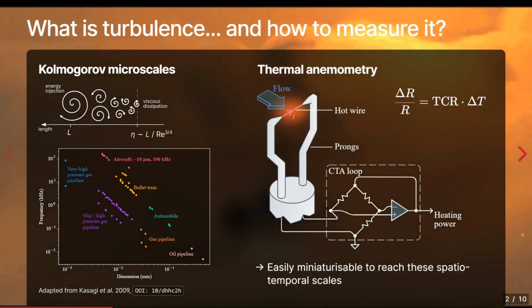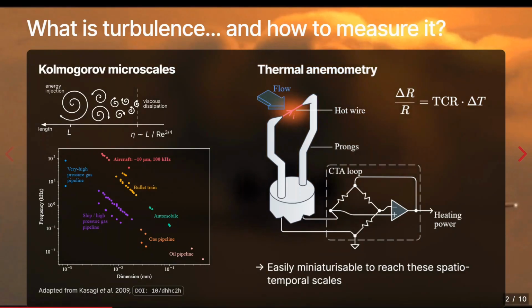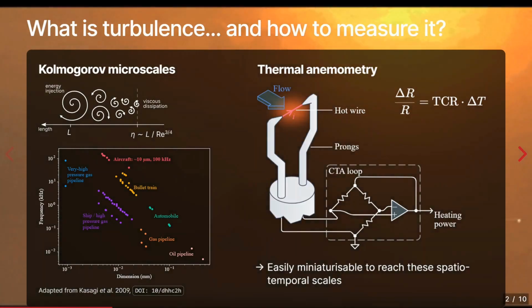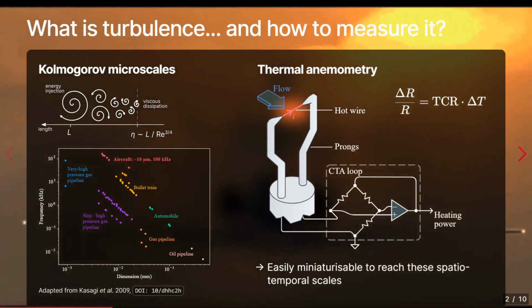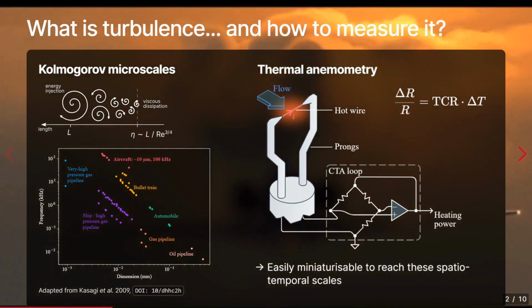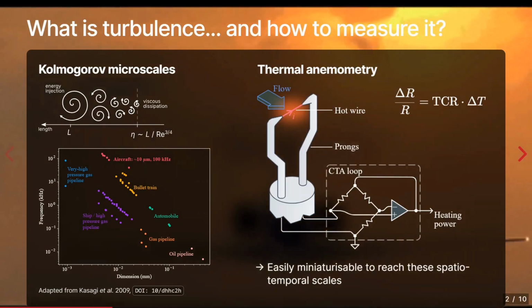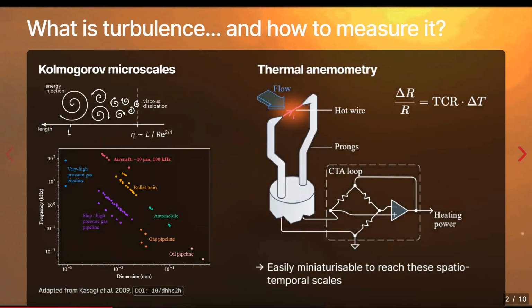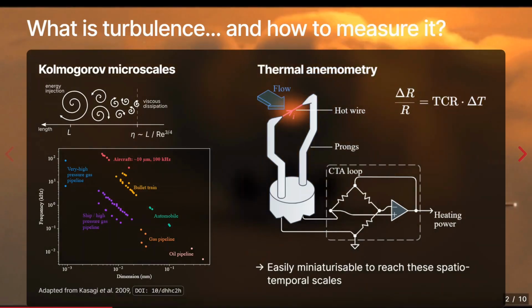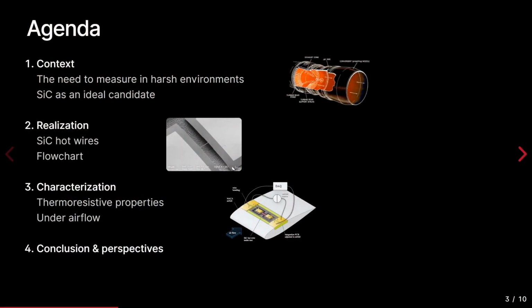And we can plug this into a CTA loop, a control loop, to have better performances. And what's good about this technique is it's easily miniaturizable. You have no moving parts, and it is the easiest way to reach these small and fast Kolmogorov microscales using this technique.